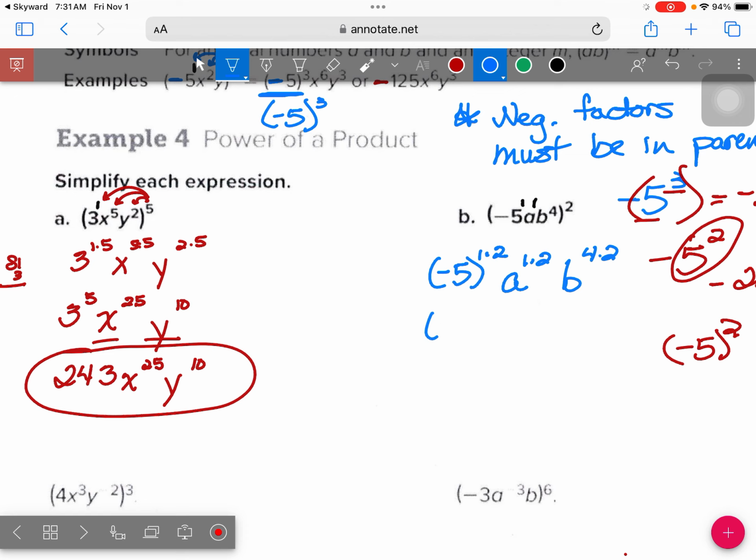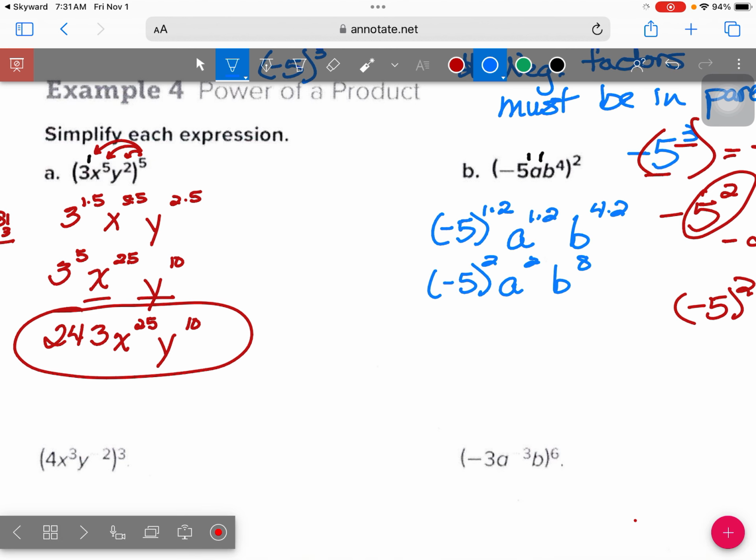So this is -5 squared, A squared, times B to the 8th. -5 squared. -5 times -5 is how much? Positive 25, right? And then times A squared B to the 8th. There's your final answer.